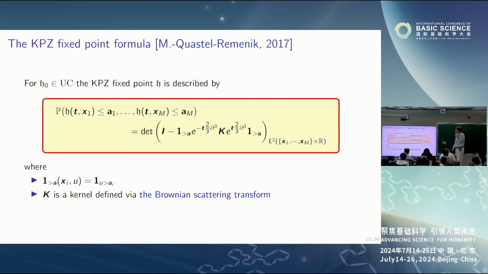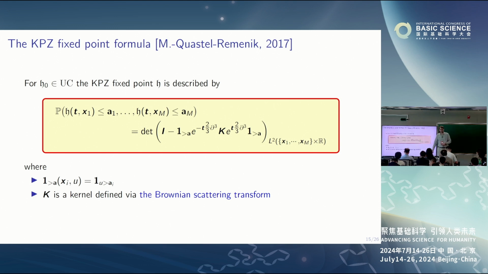So the final formula, which is the main result of our work, looks like this. H is the KPZ fixed point. We fix an initial state H naught, which is an upper semi-continuous function which grows at most linearly at infinity. And we look at the multi-point distribution. The time is fixed, and the spatial locations x1, ..., xm are also fixed.